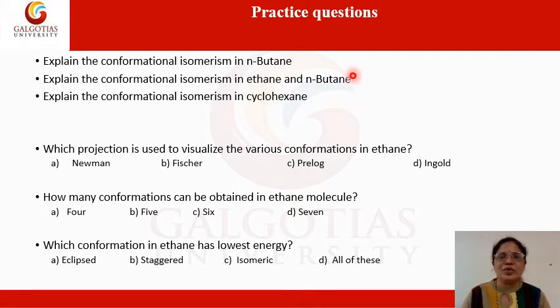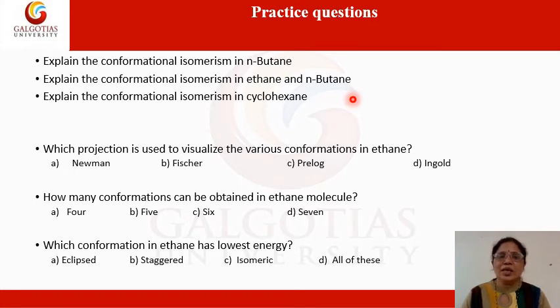In the case of butane also we got 6 conformations, of which 3 are eclipsed and 3 are staggered. Among the staggered conformations we got the most stable one, and also the Gauche conformation in which the 2 methyl groups are close to each other.